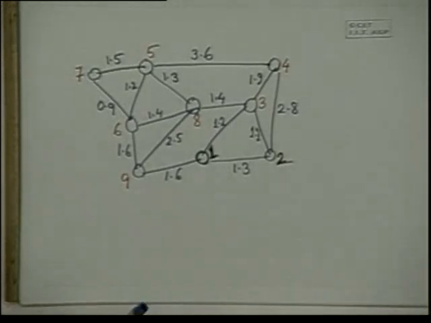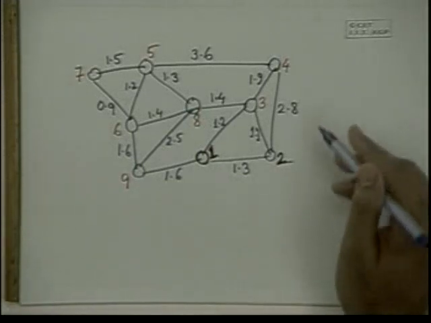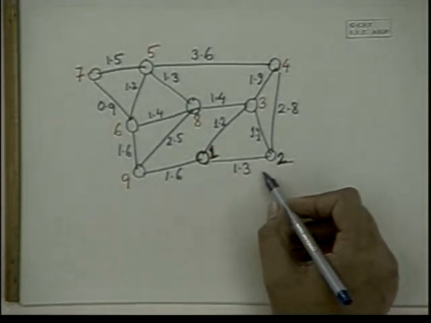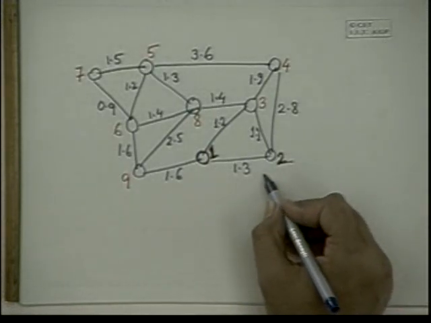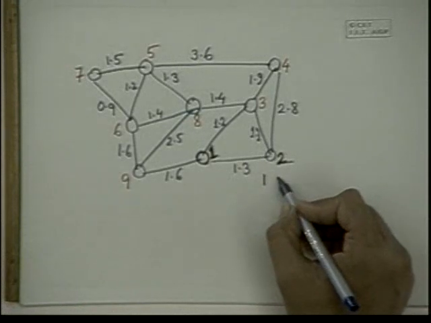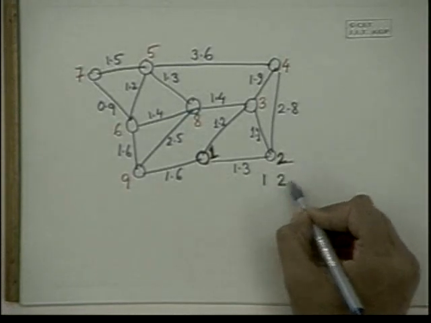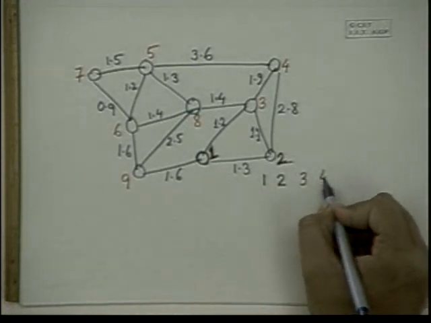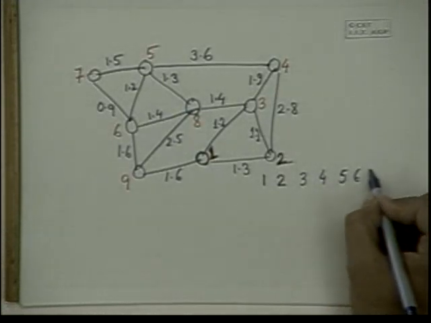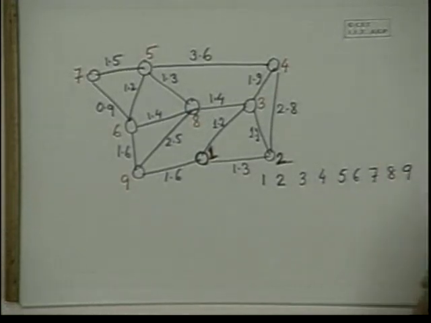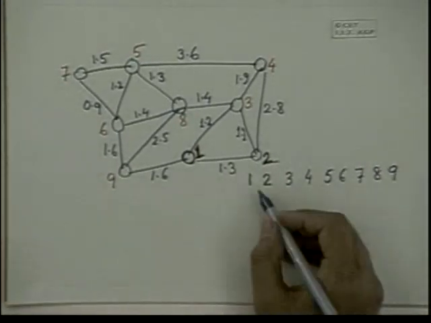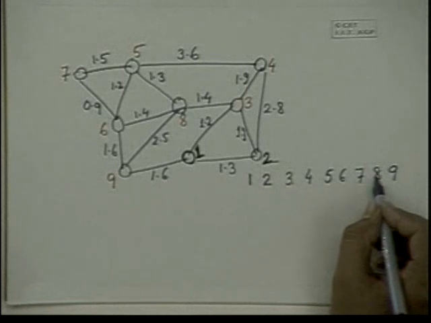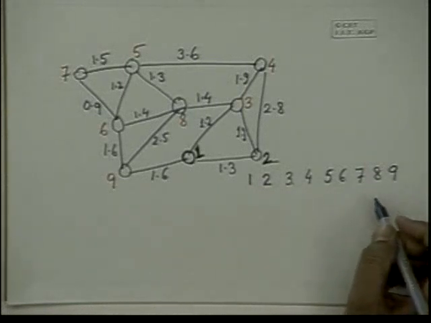Now let us see how the algorithm will proceed. Here I am going to write the priorities of the vertices 1, 2, 3, 4, 5, 6, 7, 8, 9. So there are 9 vertices.